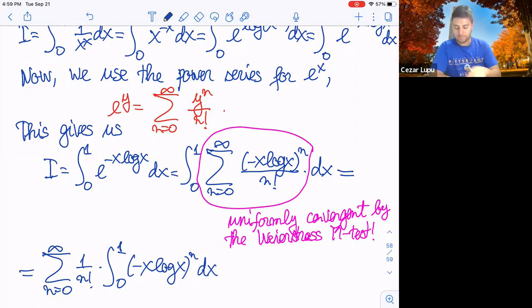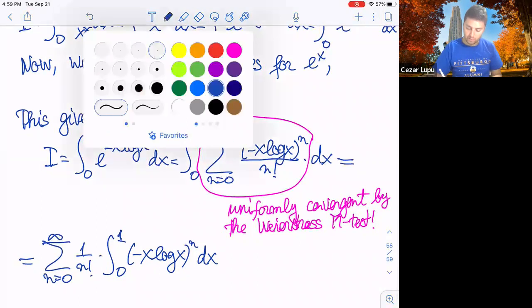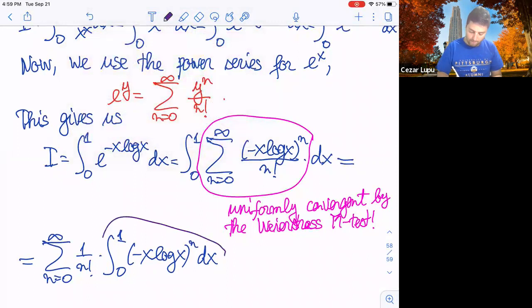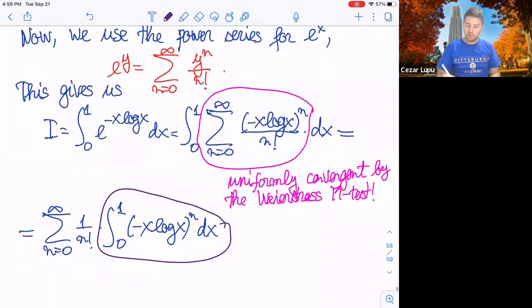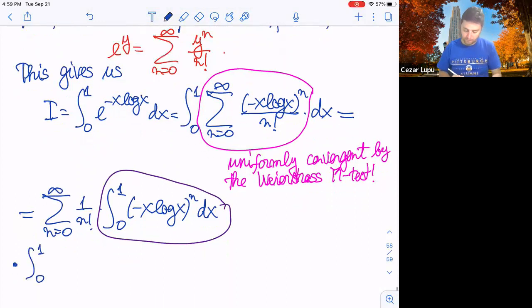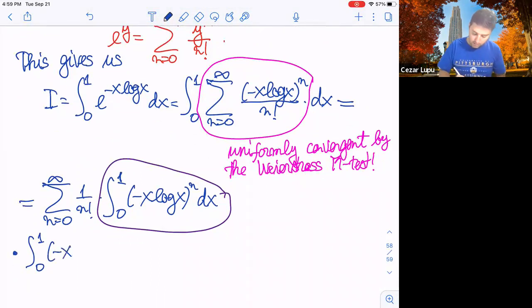We should be careful here. So let's work this integral separately, and then we'll go back to our series. So let's look at this integral: the integral from 0 to 1 of negative x log x, everything to the power n dx.